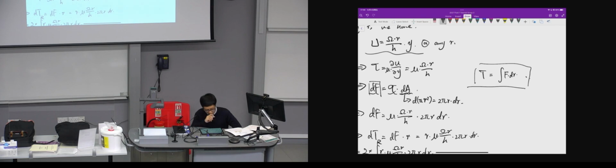Wait a second. For f, you integrate it. Let me think. F is not constant along the radius.